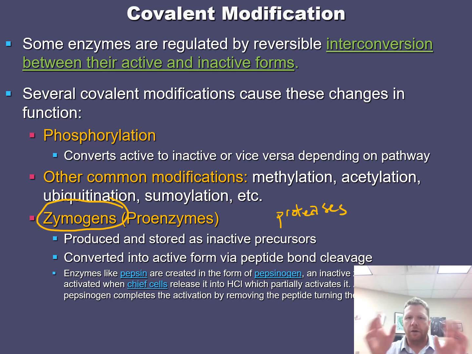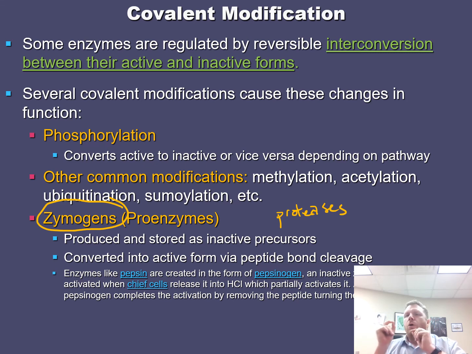Actually, here, I've got an analogy. Think about a glow stick. When you buy a glow stick, is it lit up? No, it's only lit up whenever you crack it. You're not breaking it in half, but you're cracking it. You're doing something to it to irreversibly make it different from how it started.